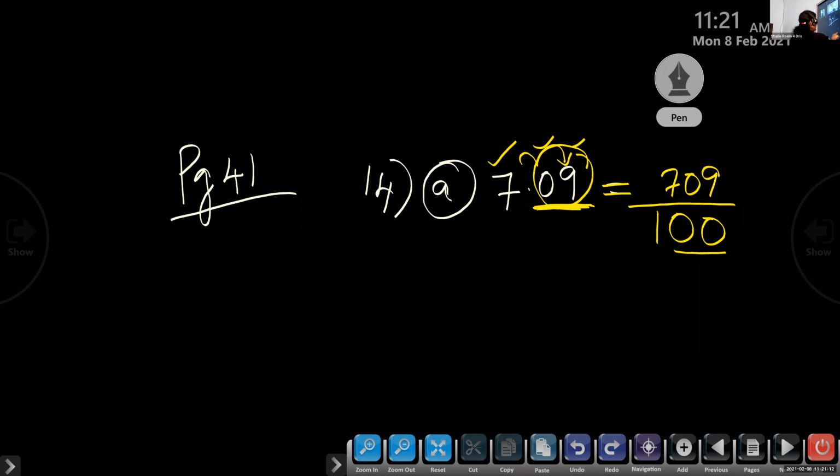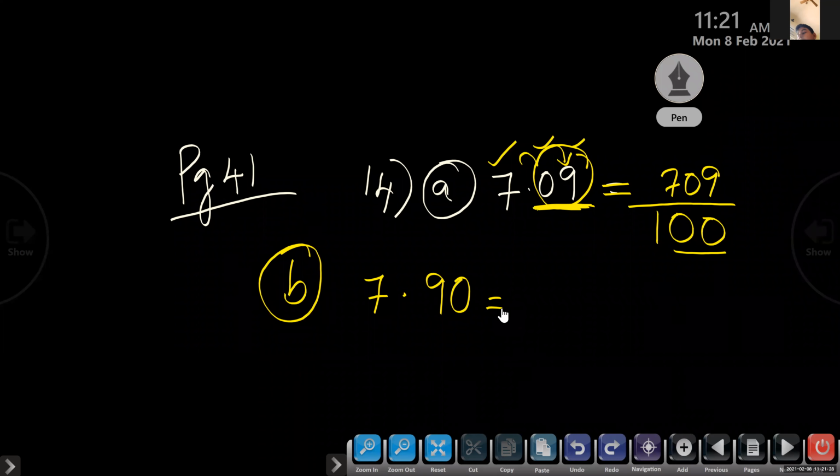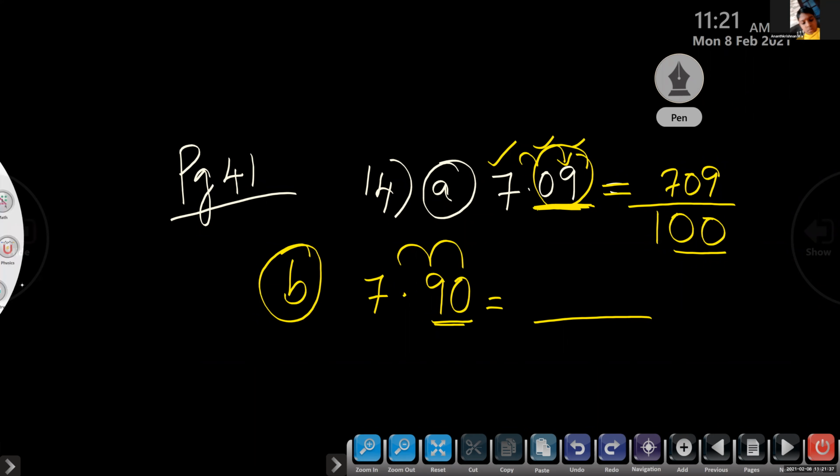Now the 14th one, B. Yes, Len, can you read? 7.90. Okay. Tell me first, look after the decimal point. How many digits? 2 digits.